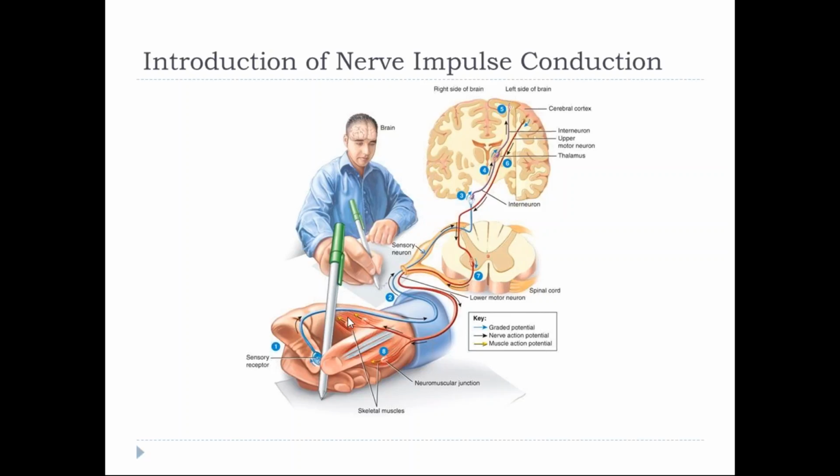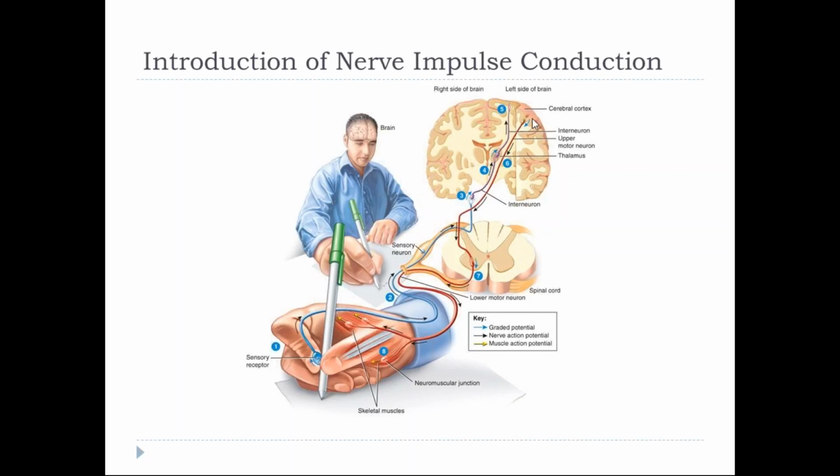That will send an impulse into the spinal cord. And you can see here there's the cell body of that unipolar neuron in the dorsal root ganglia. That's going to synapse and travel up to your brain, specifically to your thalamus, because everything goes there first. And then it goes up to your cortex and tells it that you are holding your pen.